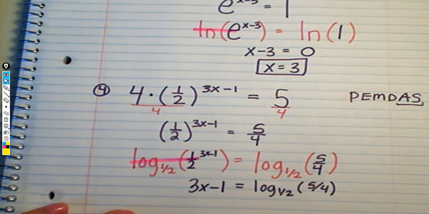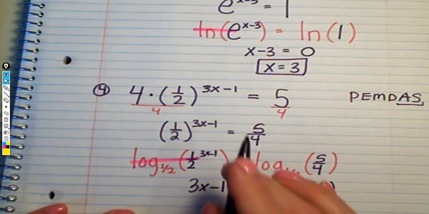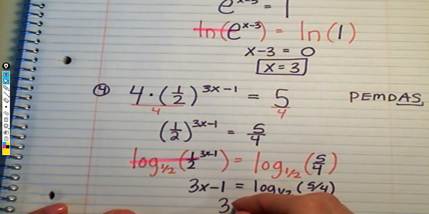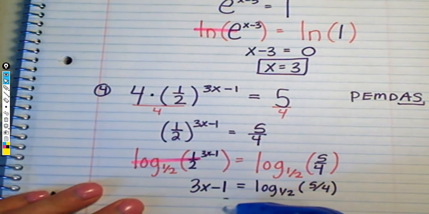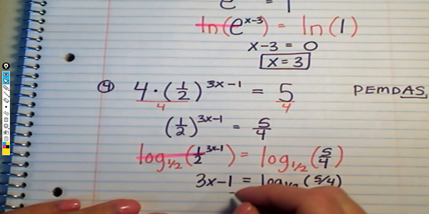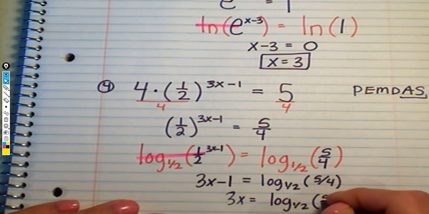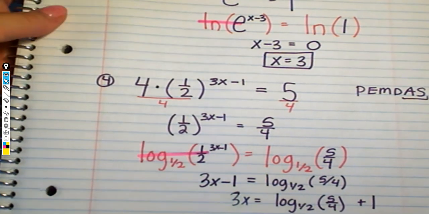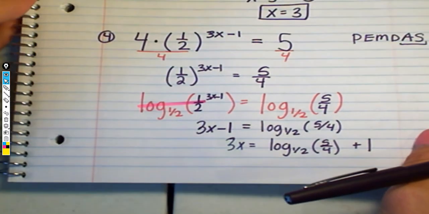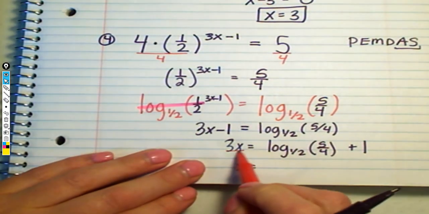And then I solve for x. So I'm going to add 1 to both sides. Okay. And then I'm going to divide by 3. Okay, dividing by 3.